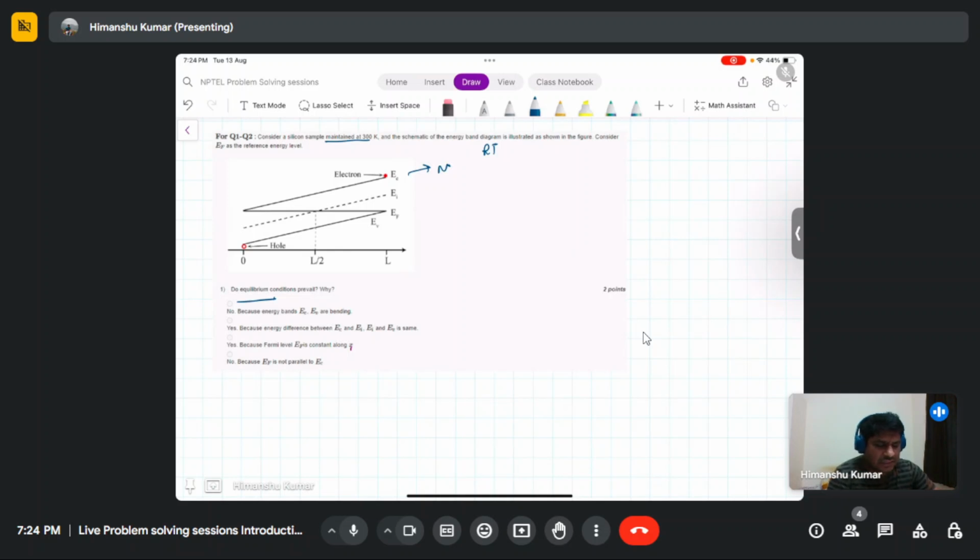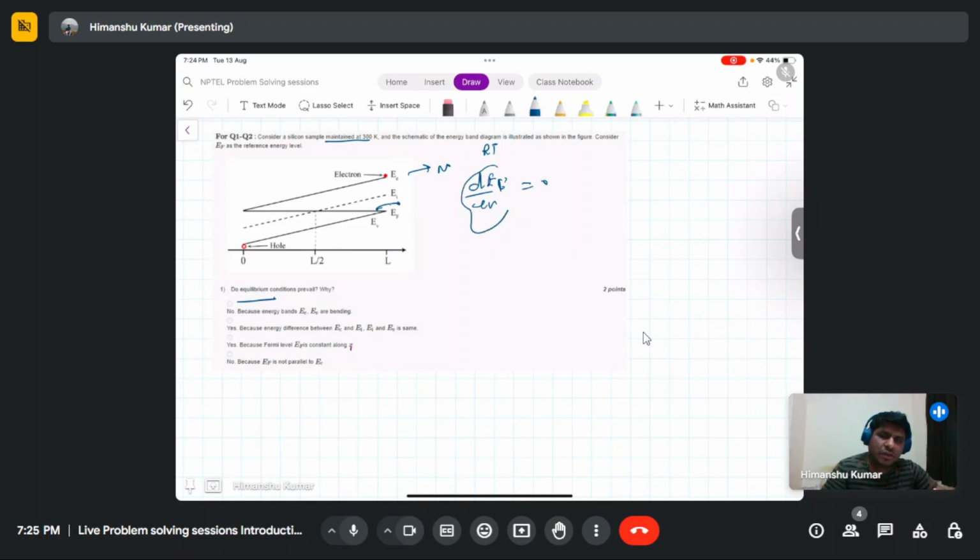The condition for equilibrium is that dEF/dx should be 0. That is the condition for equilibrium.